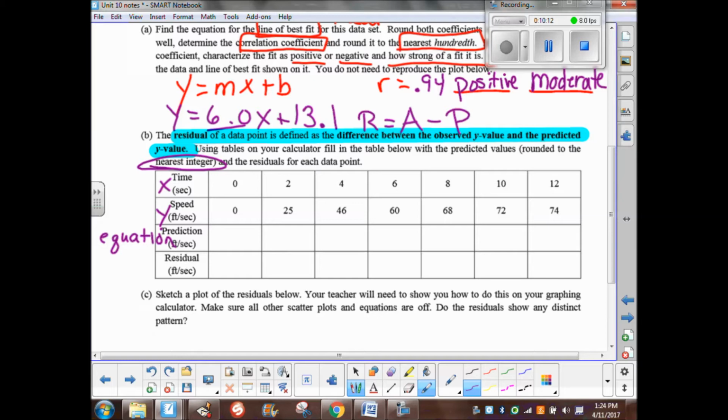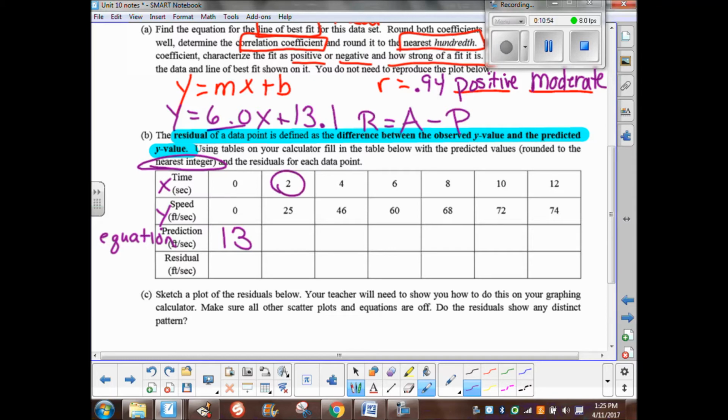If I put 0 in for x, I get 6.0 times 0 plus 13.1. What would that give us to the nearest integer? 13. Now use the equation again and put 2 in.